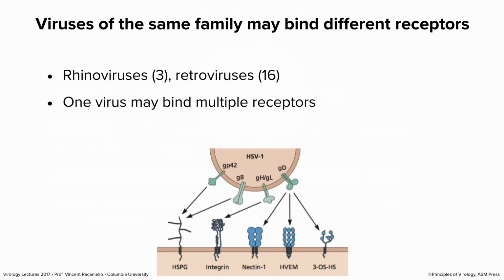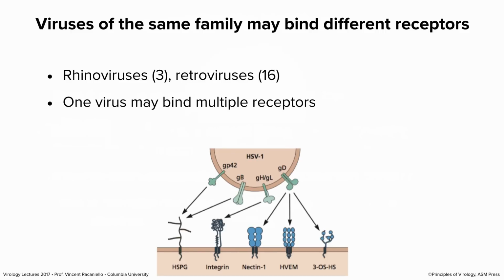And one virus can bind multiple receptors depending on the cell type. Here's a herpes virus that can bind to a variety of different cell surface proteins. It's sometimes the case that the same receptor functions in all different tissues for a virus. So poliovirus, for example, infects the gut and then the nervous system. It seems to bind the same receptor in both areas.